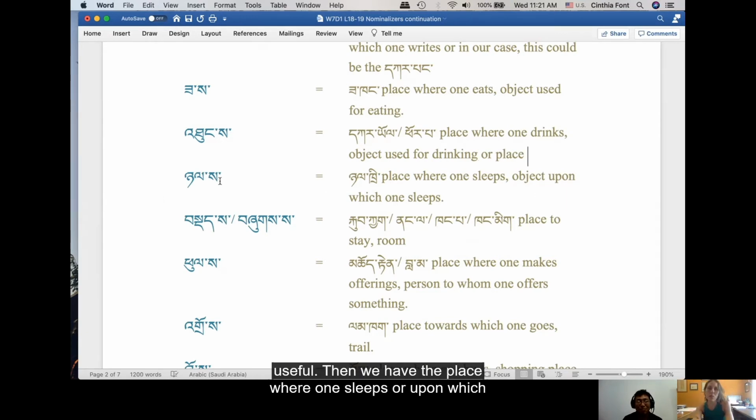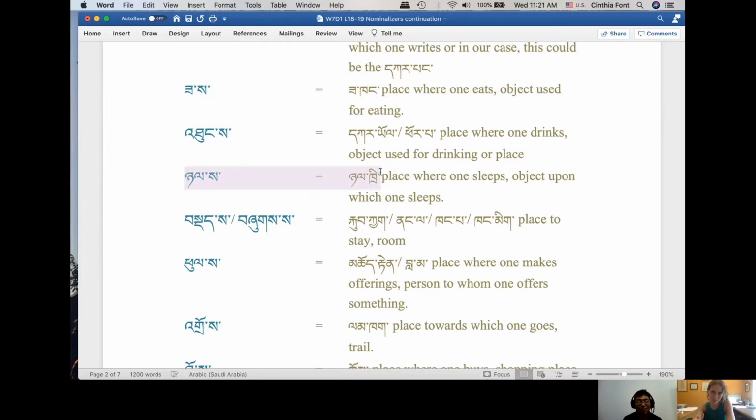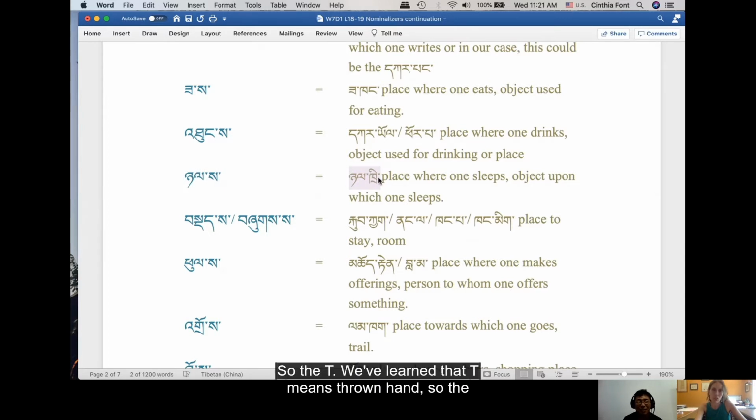Then we have the place where one sleeps, or upon which one sleeps, which is the next one. Nyesa, or the Nyenchi. So the T, we've learned that T means a throne.